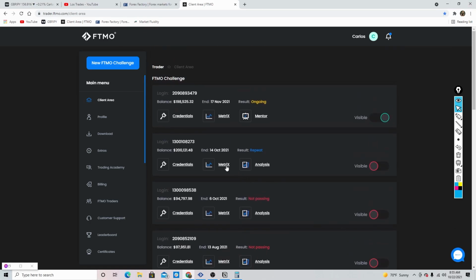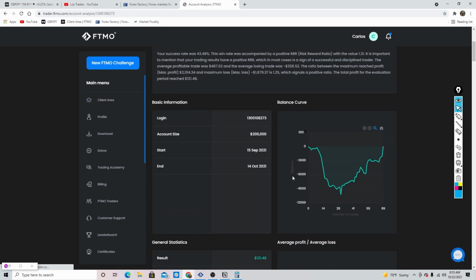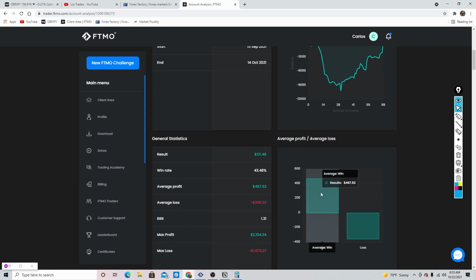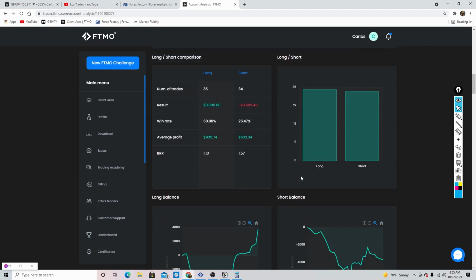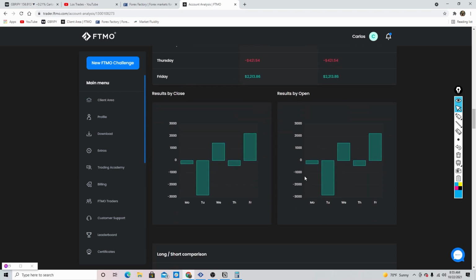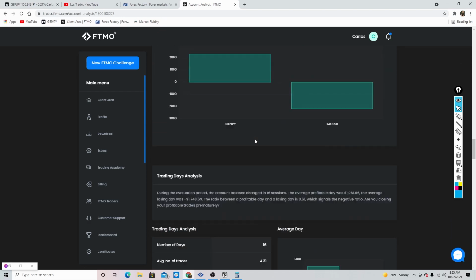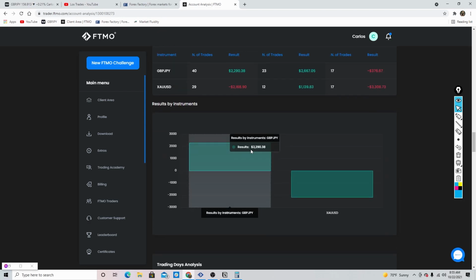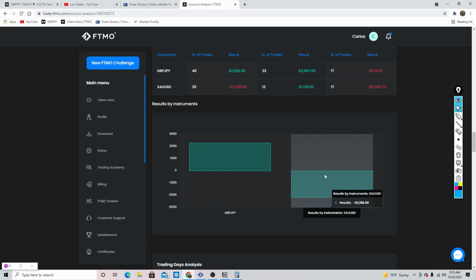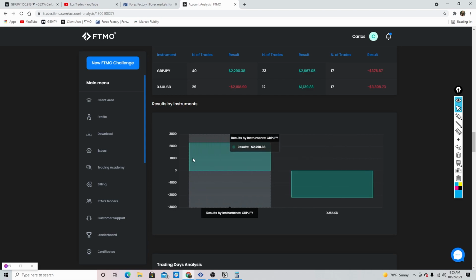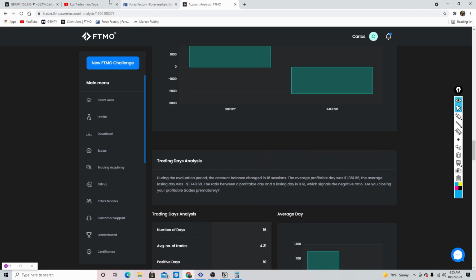But if we look at the last challenge that I took, here I made more on GJ than I made on gold. So it just varies.